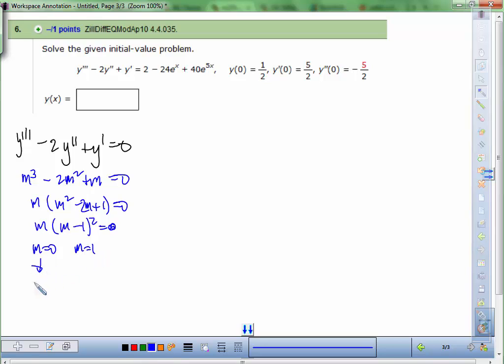So our solutions here would be y1 is equal to e to the 0x, y2 is equal to e to the x, and then y3 is equal to x e to the x.